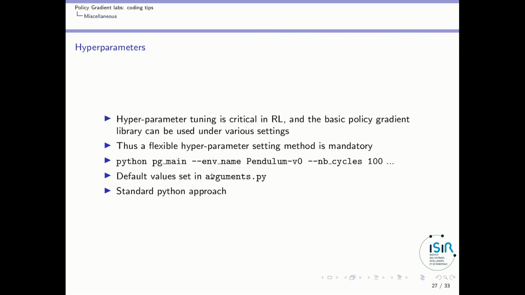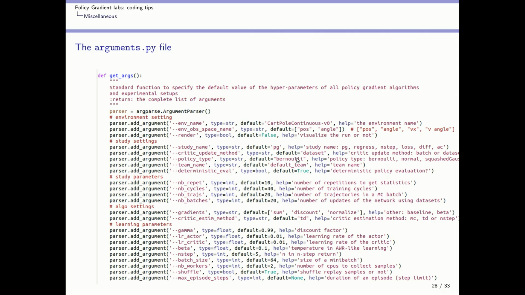And I want to say that this is a standard Python approach to specify hyperparameters or arguments for a program, and you should use those techniques when you are coding, particularly in machine learning. So let's have a look at the arguments.py file. You need to have a method whose name is getArgs.